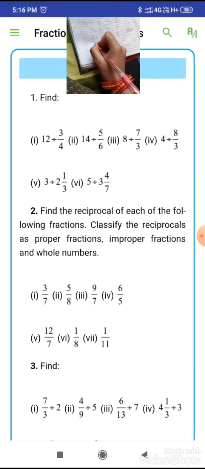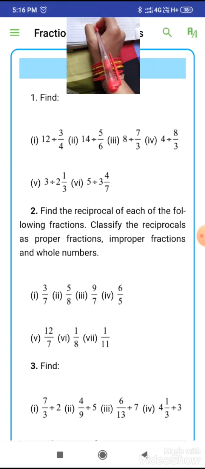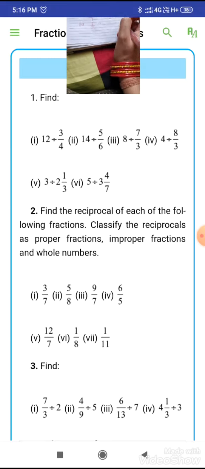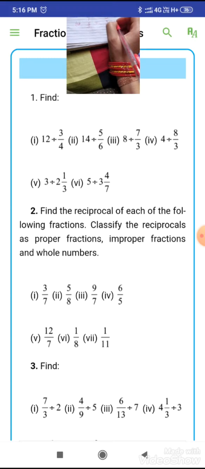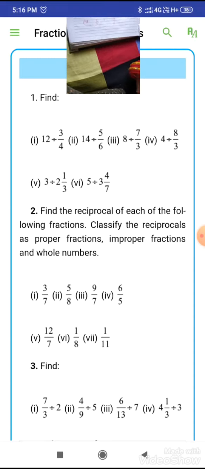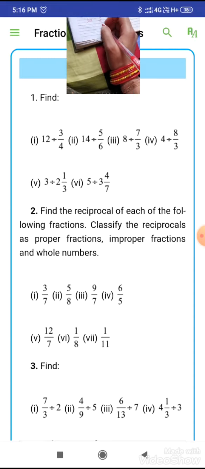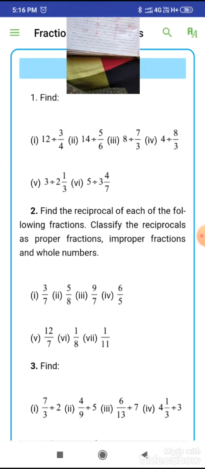In the fourth part, we have 6 by 5 and reciprocal of 6 by 5 is 5 by 6. Here numerator is less than the denominator, so it is also a proper fraction. So by applying this method, you can solve rest of the part of this question.